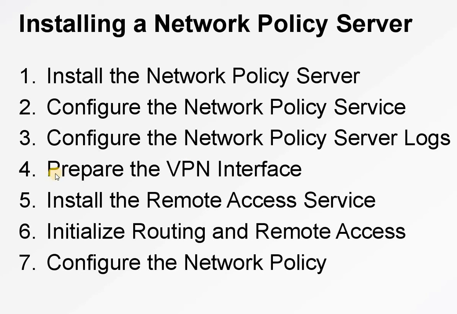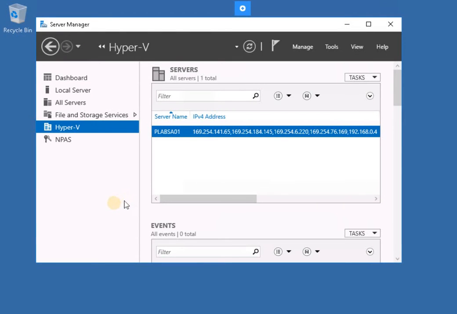Now we are going to prepare the VPN interface. After configuring the network policy server and creating a RADIUS client, you should now set up the VPN server on the domain controller.